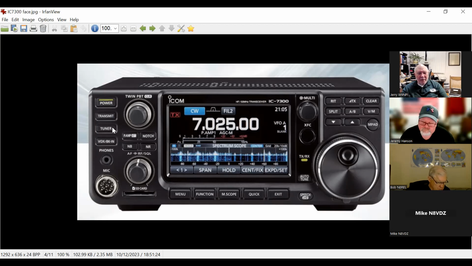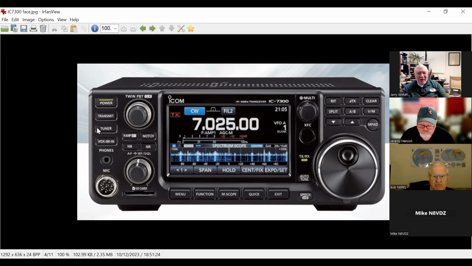Tuner. We were talking about tuners a few weeks ago. A lot of the radios in this class, this is a $1,000 class, have a built-in antenna tuner, or, well, we know it's not an antenna tuner, just an antenna. It's a transmitter satisfier. It has a very small range.